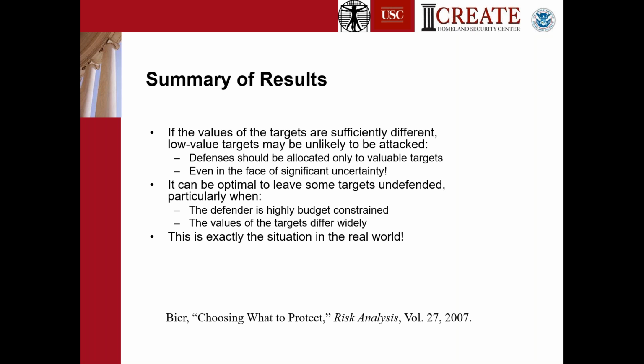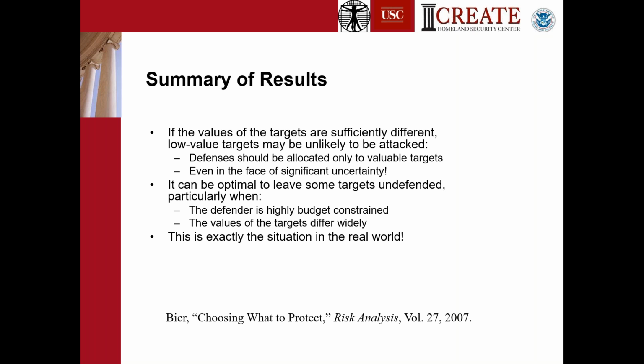And this is true even if we have significant uncertainty about the attacker's goals. So, for example, we may not know whether the attacker considers Boston more attractive than Philadelphia or Seattle more attractive than Newark, but we pretty much know that probably New York is higher on their priority list than Seattle.